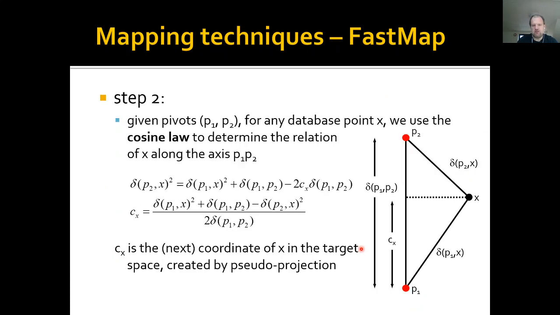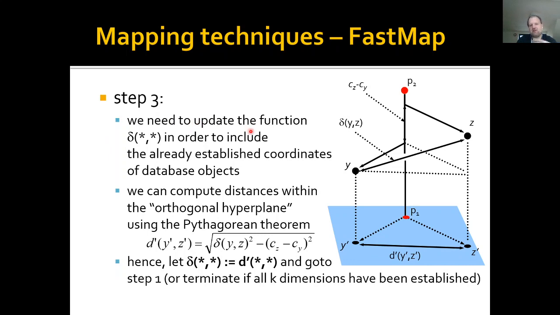So what we first need to do is step 3, and it's an update of the function delta to basically make the already processed dimensions out of the system and basically only restrict to the orthogonal plane or subspace. So we cannot select in the first step next, because it will be the next loop, some non-orthogonal axis.